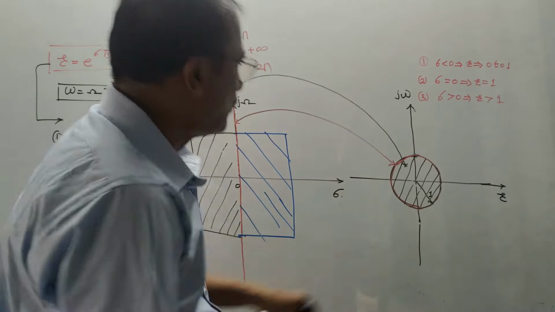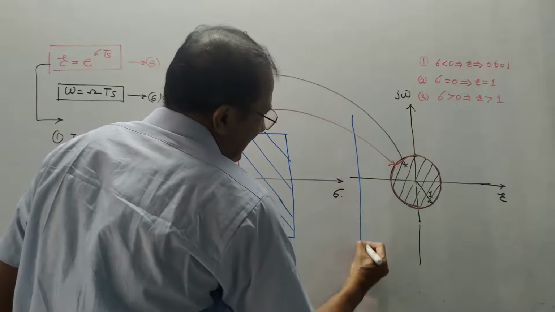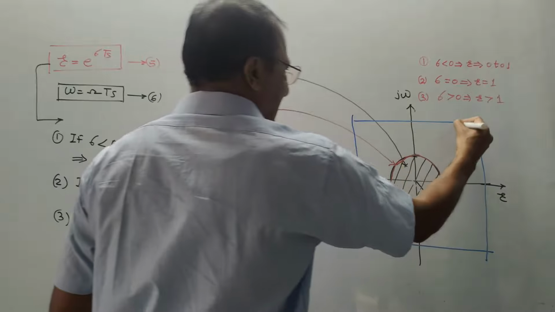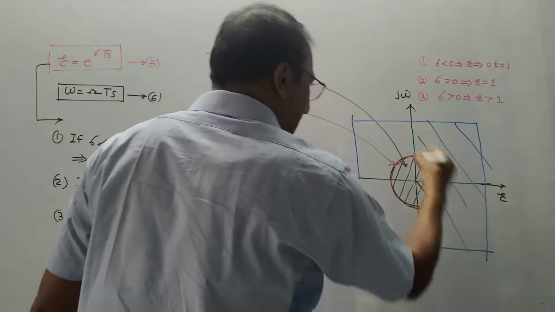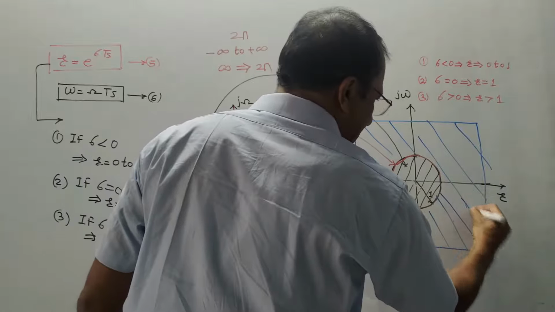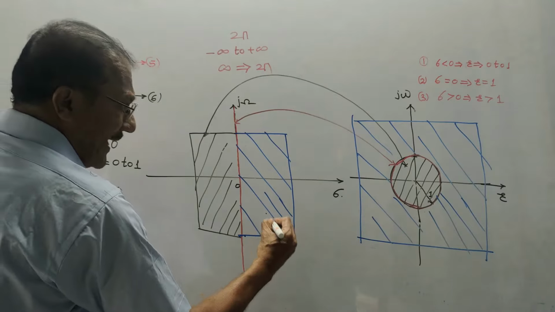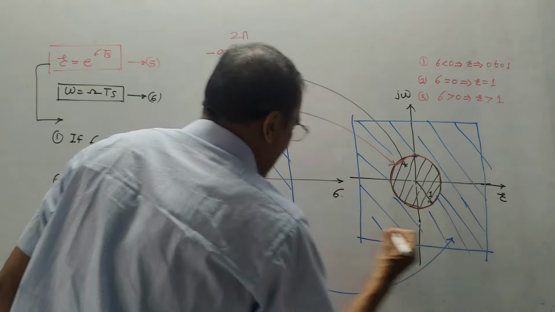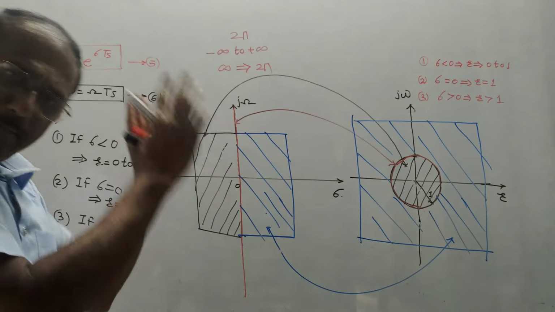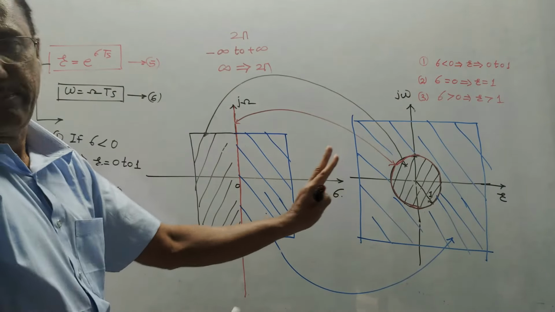It is outside this unit circle, actually till infinity. Again, as a convention, I will draw one rectangle and show the shading inside the rectangle. Ideally this portion is outside the unit circle and goes till infinity, but as a convention I am showing it like this. So the RHS part of the S plane gets mapped outside the unit circle. So this diagram represents the mapping or transformation from S plane to Z plane.